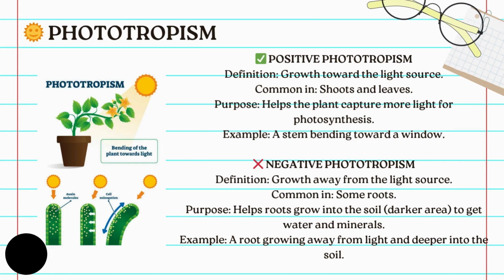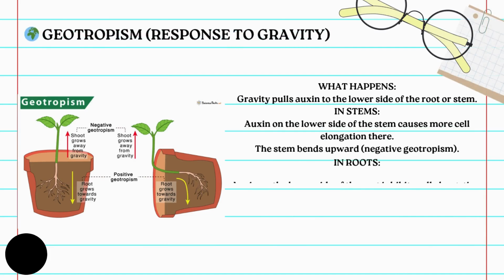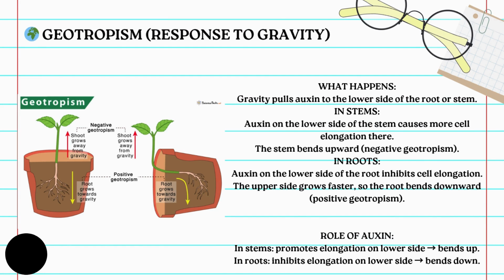Then we go to geotropism. Geotropism is the plant's response to gravity. So how does auxin get affected by gravity? We were talking about how auxin is affected by light.